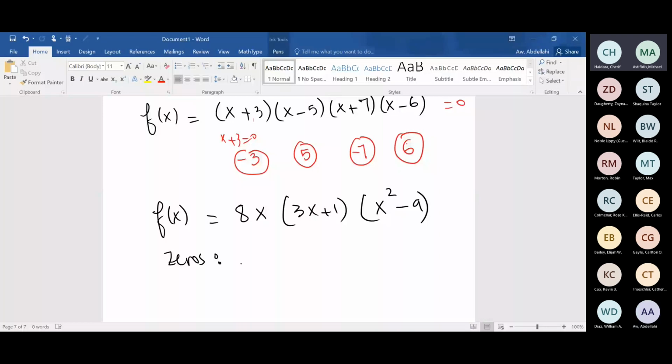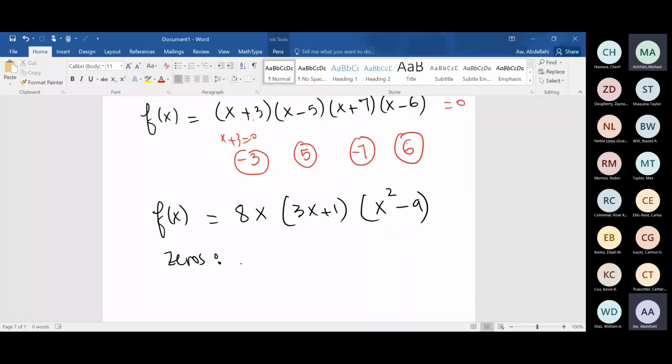Negative 1/3 and 3. And 3, right? So almost right. Almost. You just forgot 1, 0.